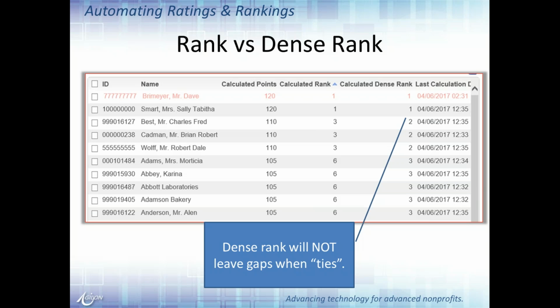Versus if you're looking at dense rank and ask for the ranks of 1 and 2, then you're going to get the first 5 people in that list. So both are delivered. You can decide whether you want to report on rank or dense rank, whatever makes the most sense for the reporting that you're planning on doing.